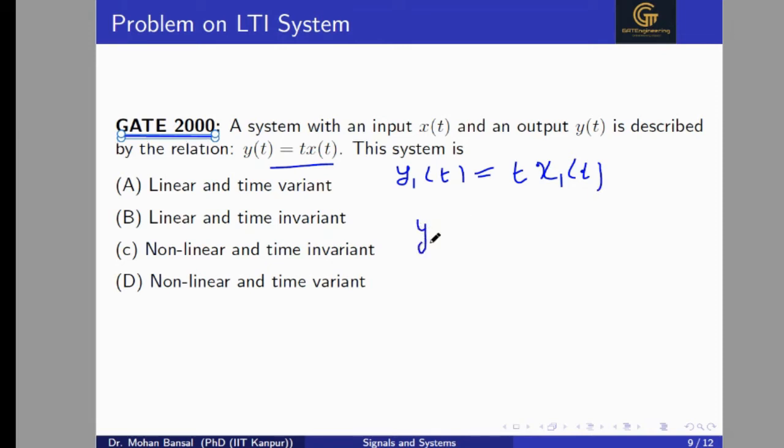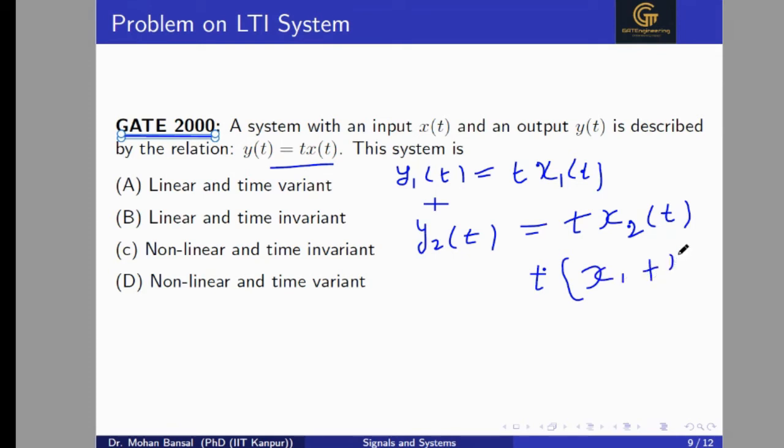Now we replace y2(t) by t x2(t). Okay, if we add both of them, we will get t times x1(t) plus x2(t). We will get t(x1 plus x2), and x1 and x2 are both functions of time.